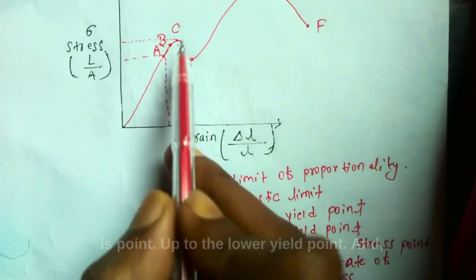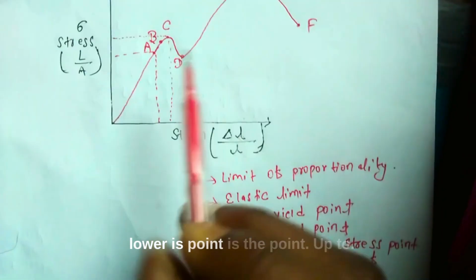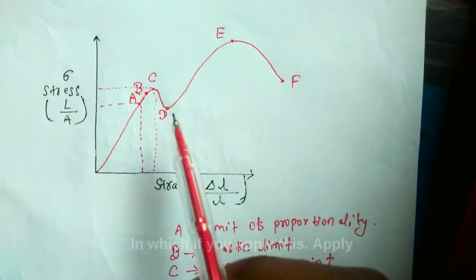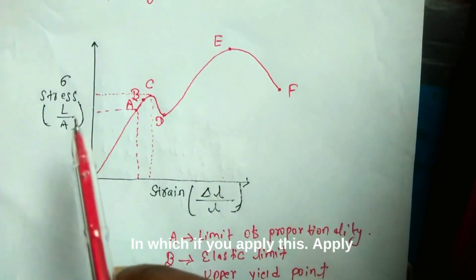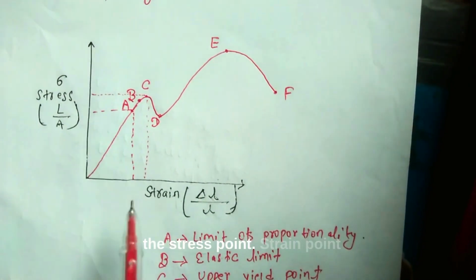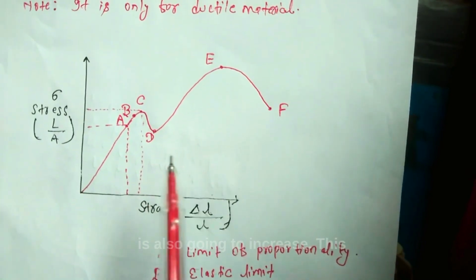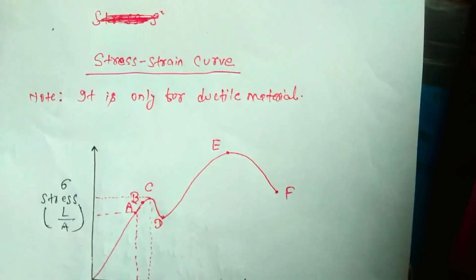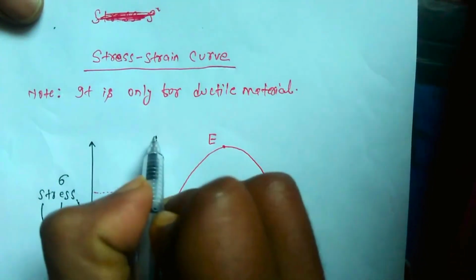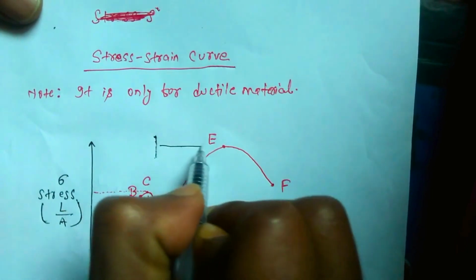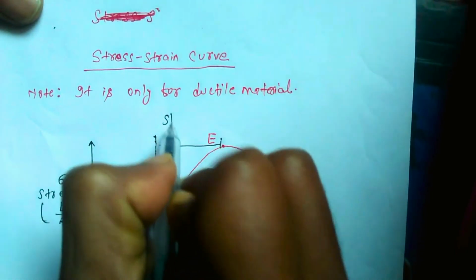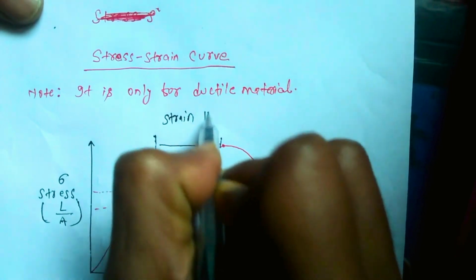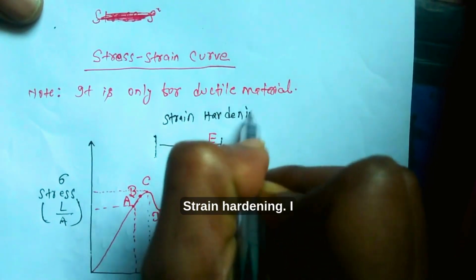Up to the lower yield point, if you apply stress, strain is also going to increase. This is because of strain hardening. I am going to explain strain hardening with one example.